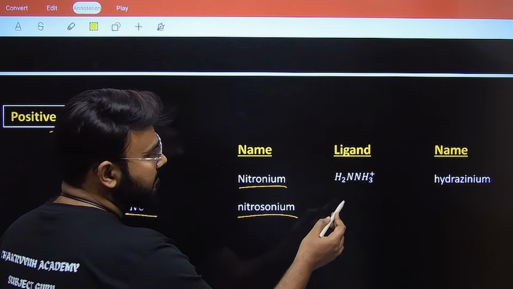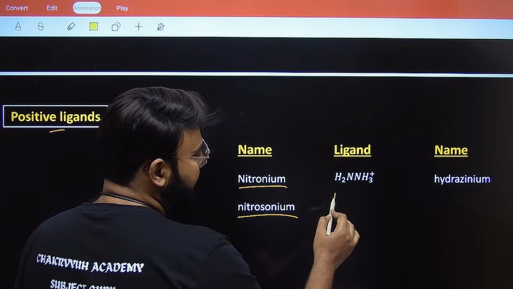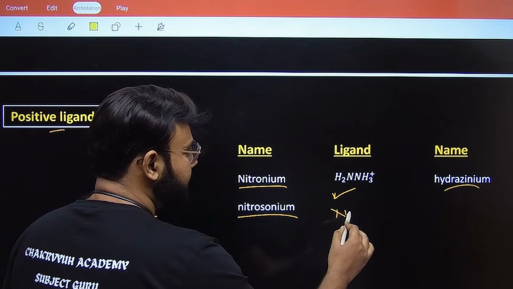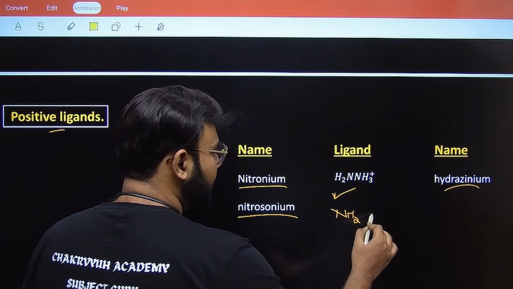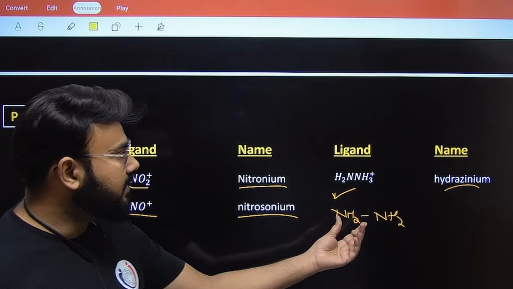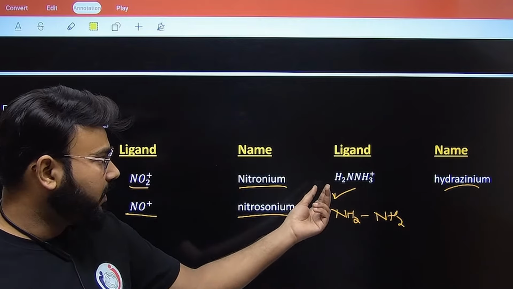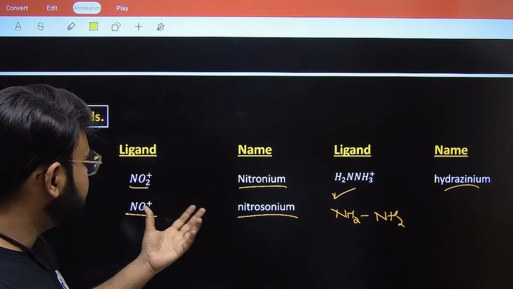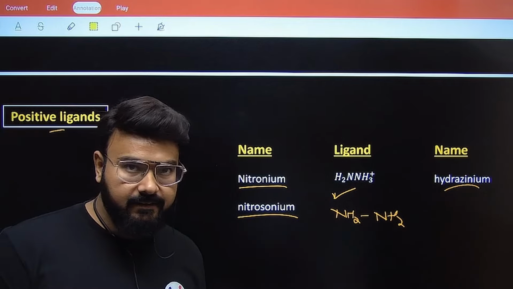And NH2NH3+ is hydrazinium. We know this is hydrazine, NH2NH2. So NH2NH3+ is hydrazinium. These are the few positive ligands.